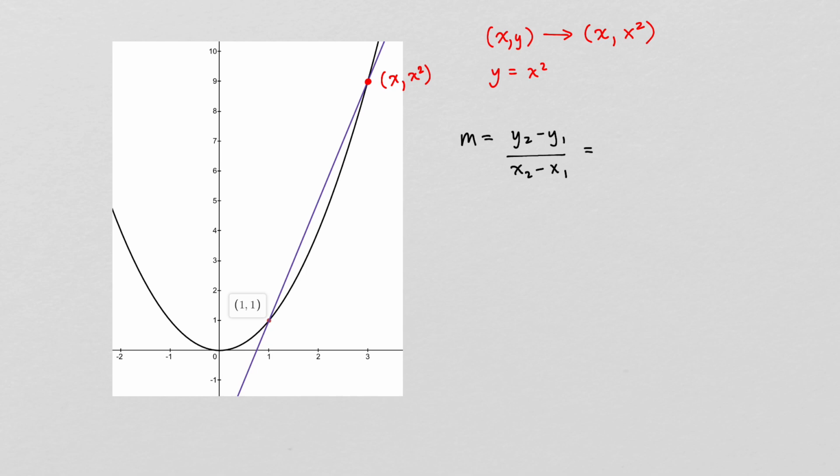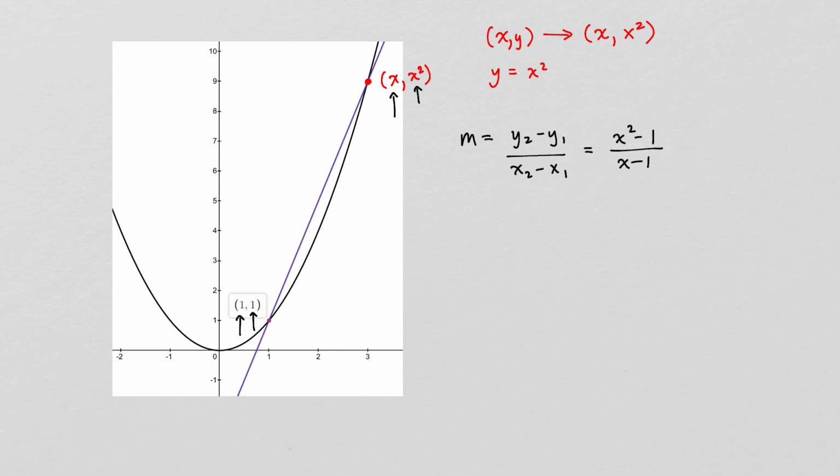And for this particular line, the y-coordinates are x squared and 1, so we can say x squared minus 1, divided by the x-coordinates, which are x and 1, so divided by x minus 1.